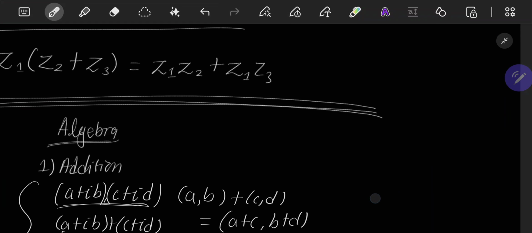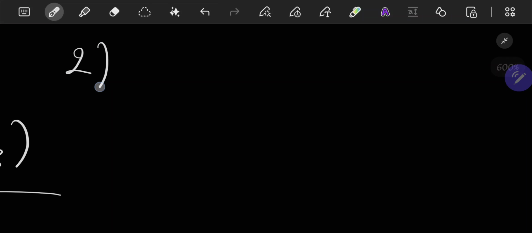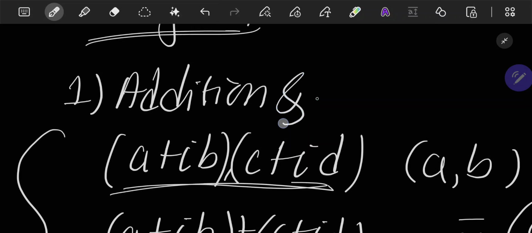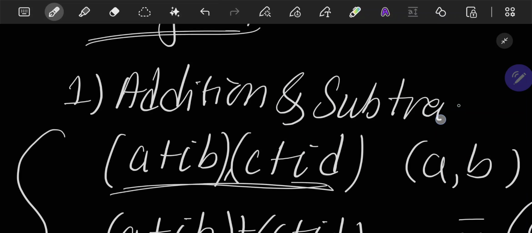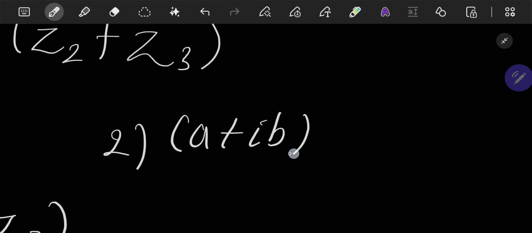So moving on to, I guess, multiplication. Now, the same thing is true for addition and subtraction. But for multiplication, let's say we have two numbers, A plus IB and C plus ID.